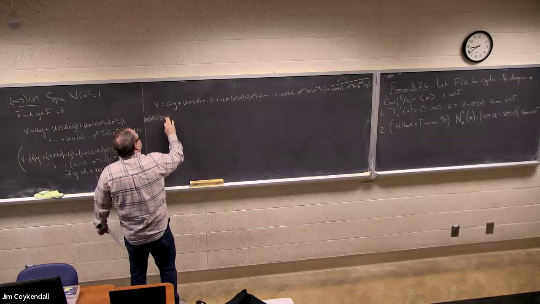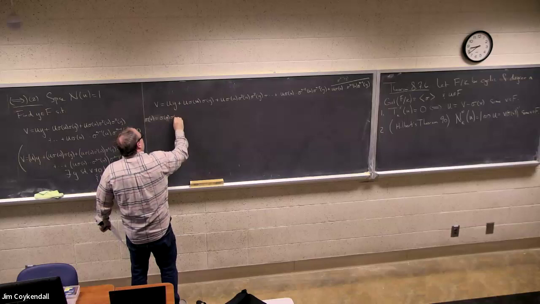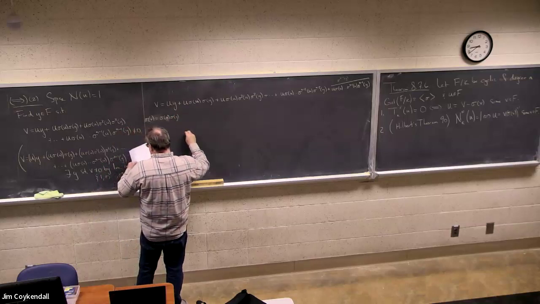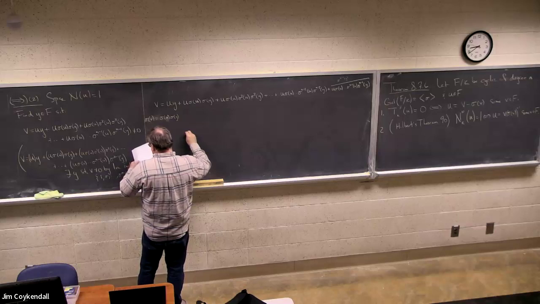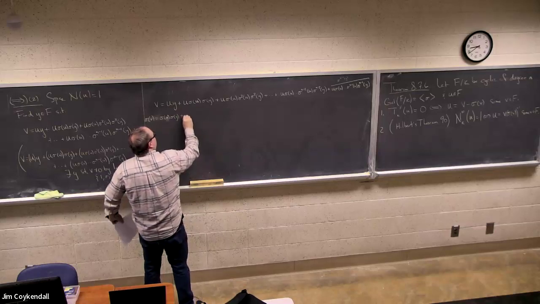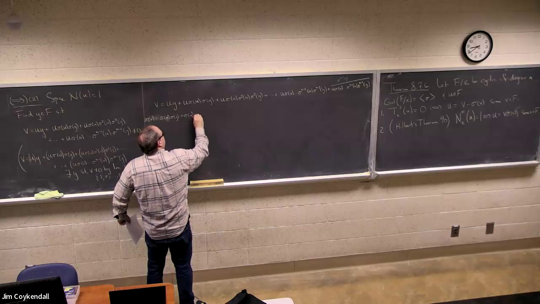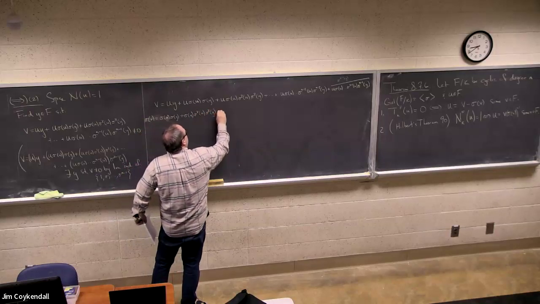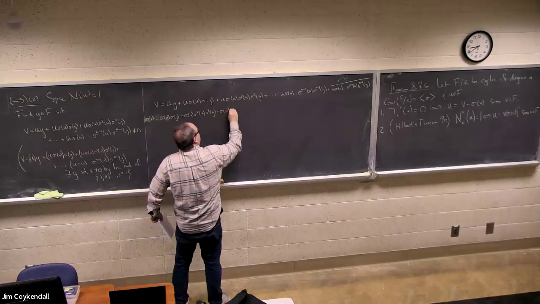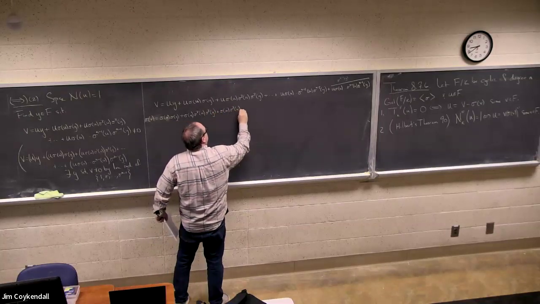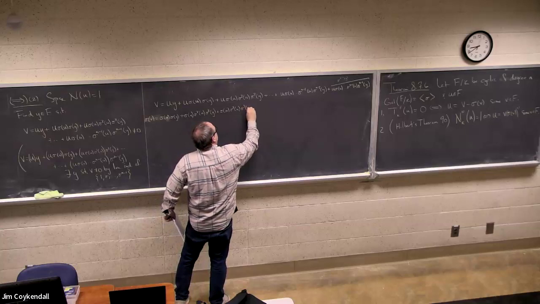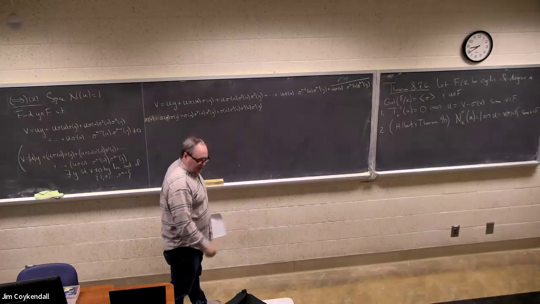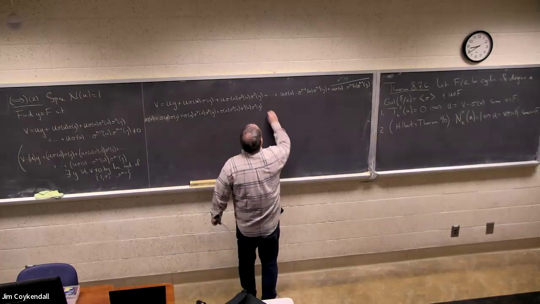Sigma u sigma y, plus sigma u sigma squared u sigma squared y, plus sigma u sigma squared u sigma cubed u sigma cubed y. Just like before, this kicks it one step further.